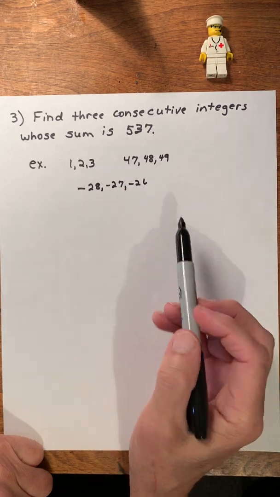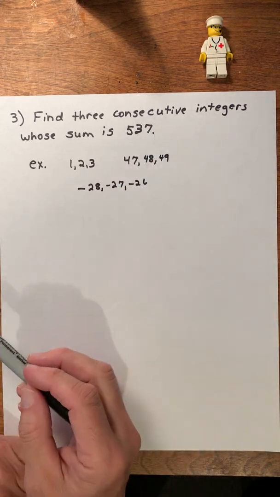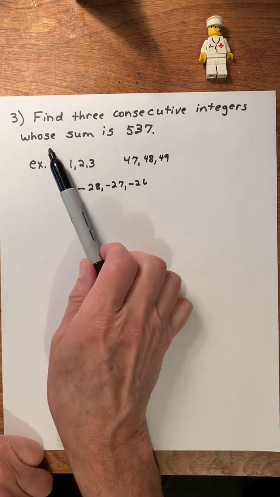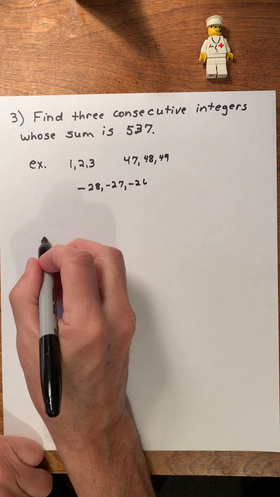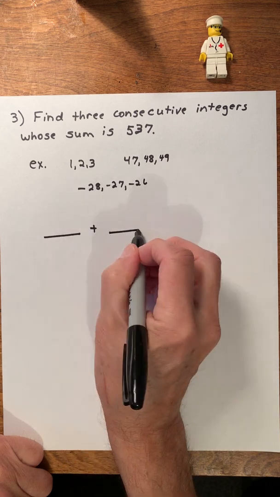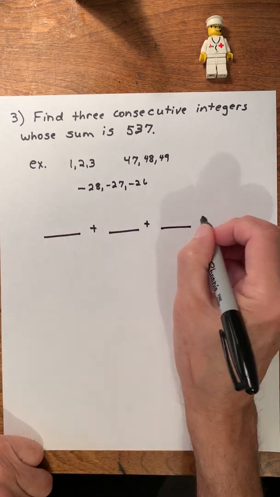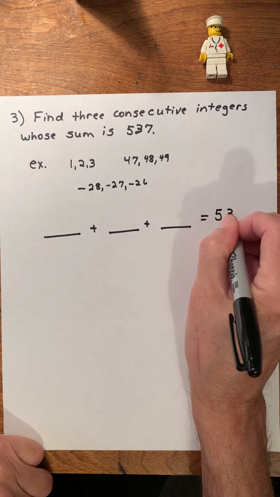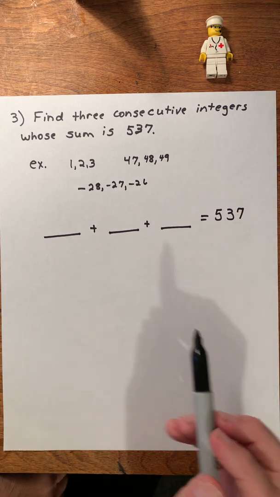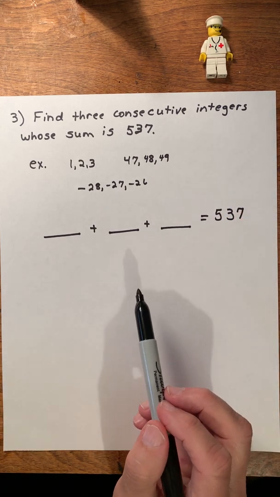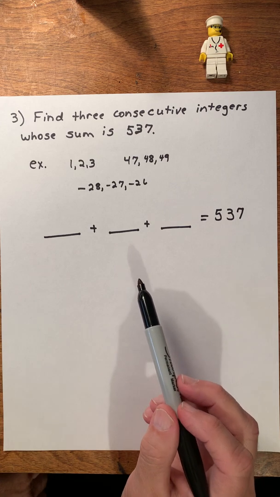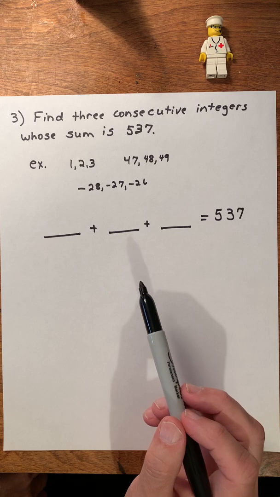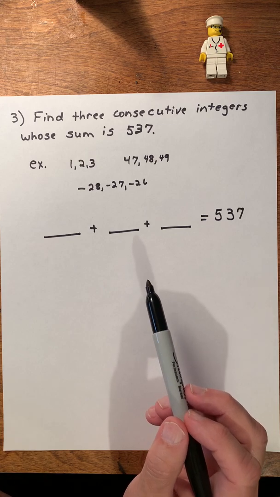These are all examples of consecutive integers. Well, I want 3 consecutive integers whose sum, and you know that means addition, equals 537.